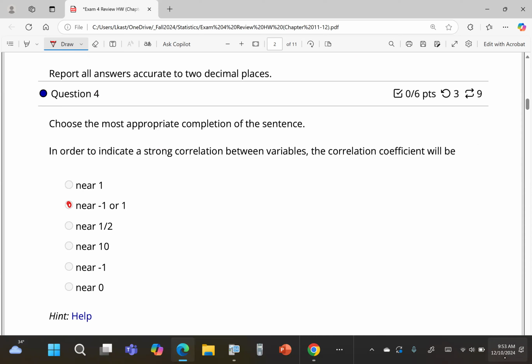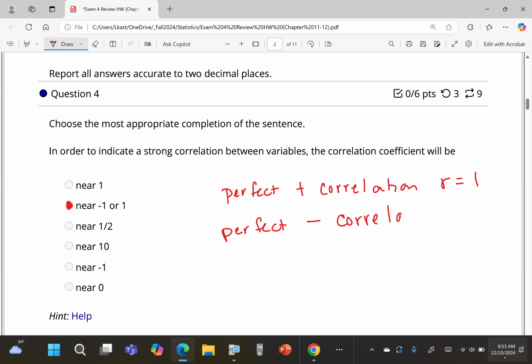So a perfect positive correlation, the correlation coefficient R would be 1. For a perfect negative correlation, R would be -1. So the closer you are to 1 or -1, the better the correlation you have.